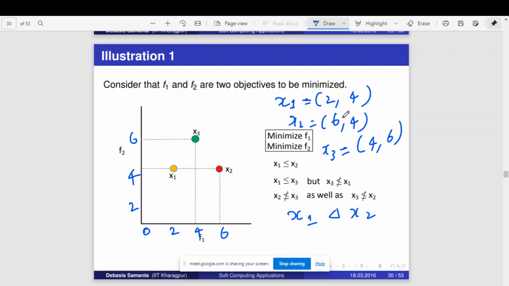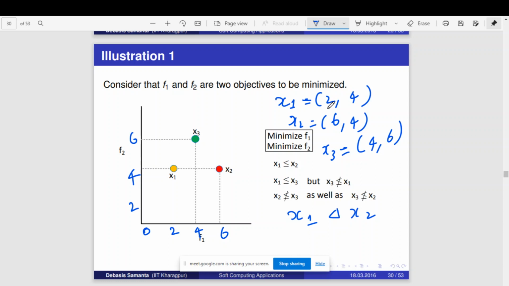Is x1 dominating x2 or not? Okay, how? Yeah, true.